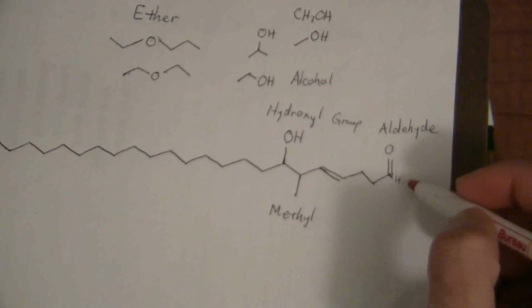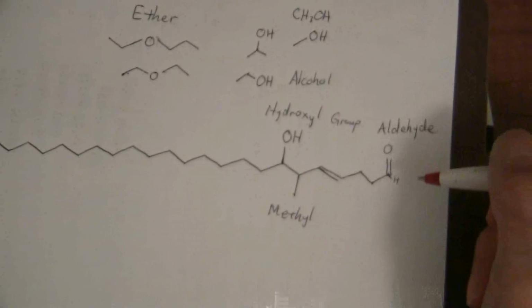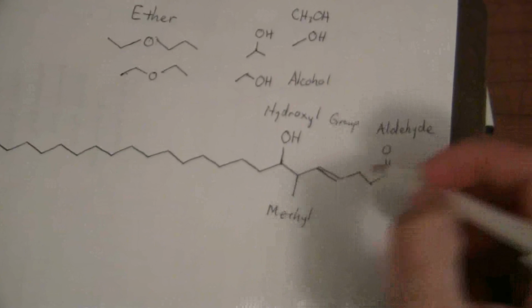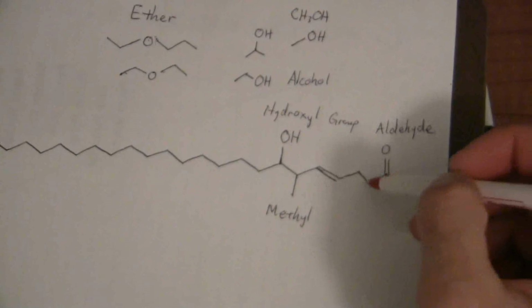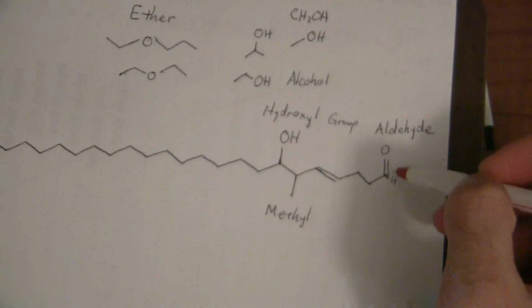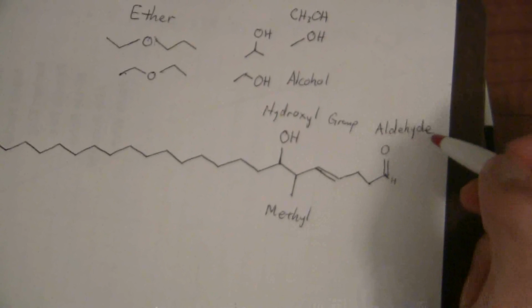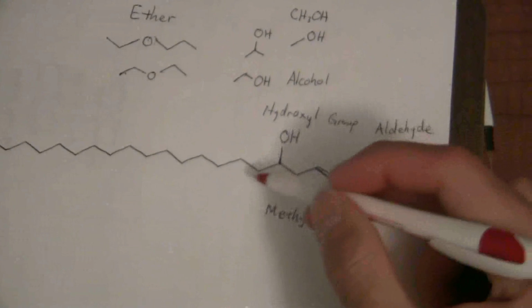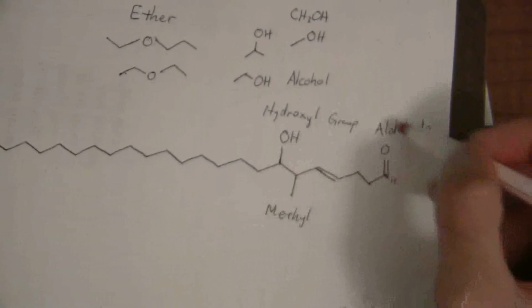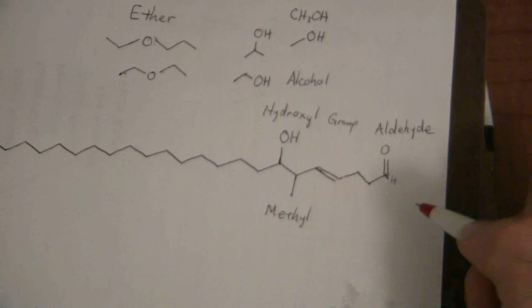But that hydrogen is a part of the aldehyde, and for that reason, there's only one place where I can connect a carbon chain, because that H has to be a hydrogen for an aldehyde. So that only leaves me with the one place to connect it, and so aldehydes are always at the end of a carbon chain.